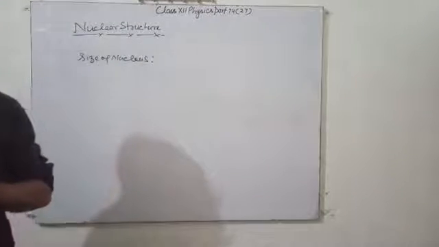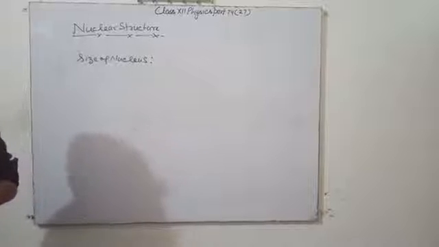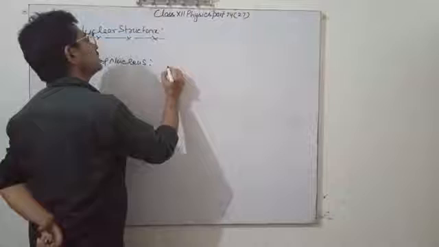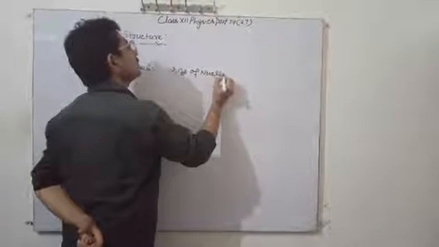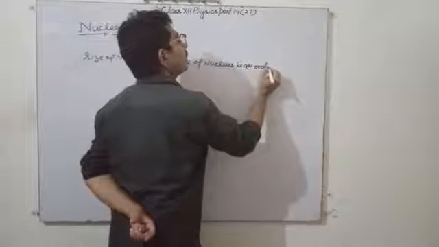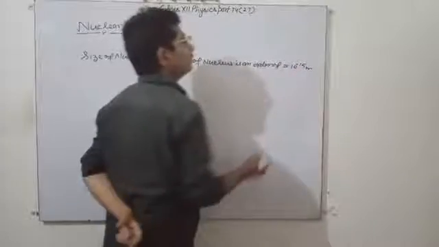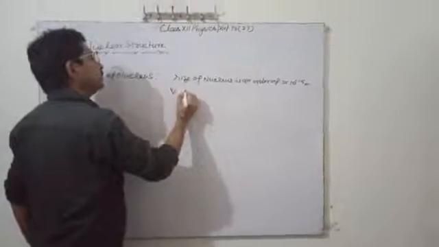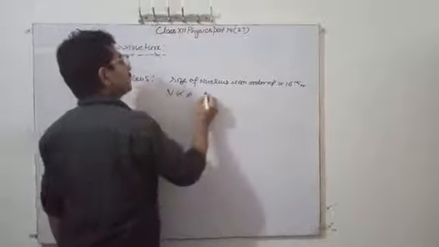The nucleus is especially spherical in shape. A rough estimation of the size of the nucleus is of the order of approximately 10 power minus 15 meter, and the volume is directly proportional to the atomic mass number.